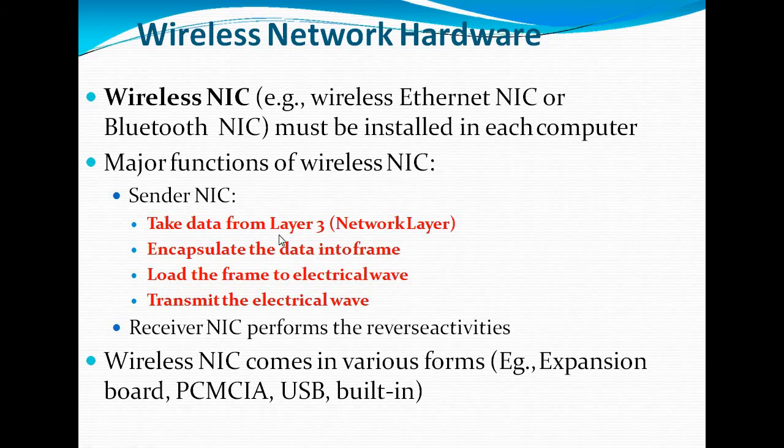The sender performs all the functions from encapsulation, then loading into frames, and then transmitting. And the receiver NIC handles all the receiving activities. Wireless NICs come in various forms like expansion boards, USB, built-in, PC, and PCMCIA. So these are the different forms in which wireless NICs come in the market.